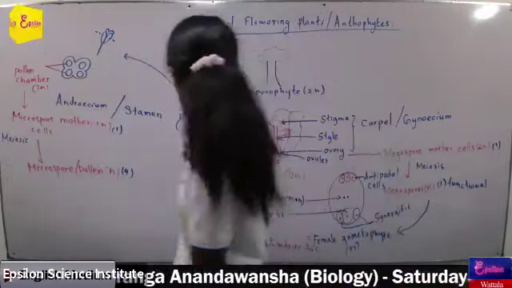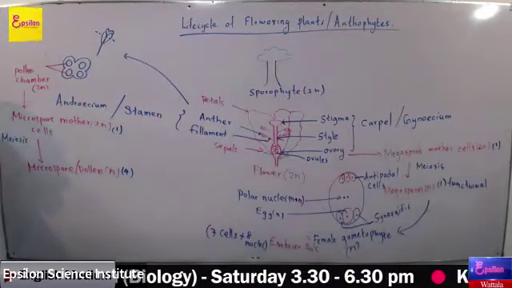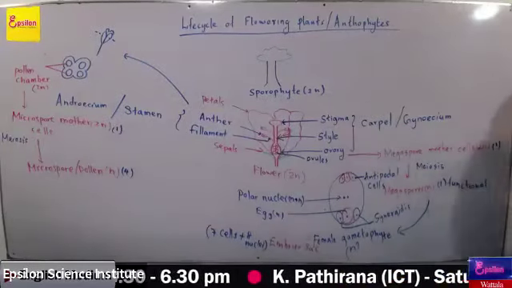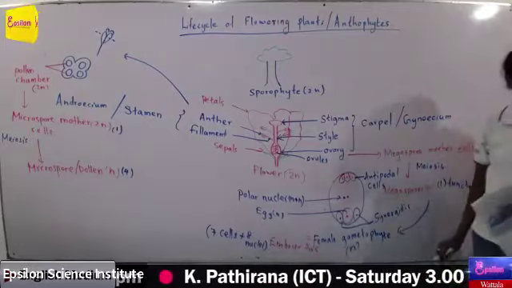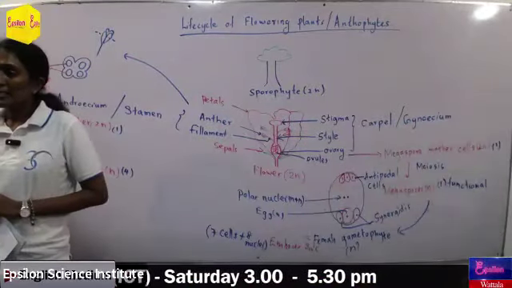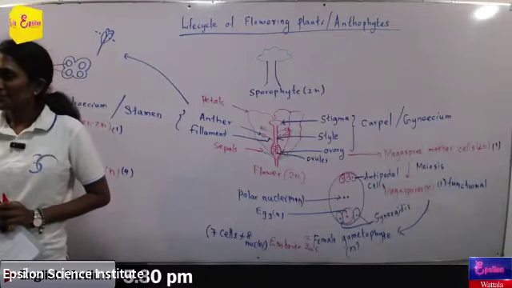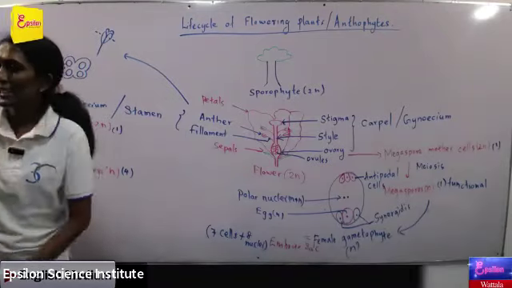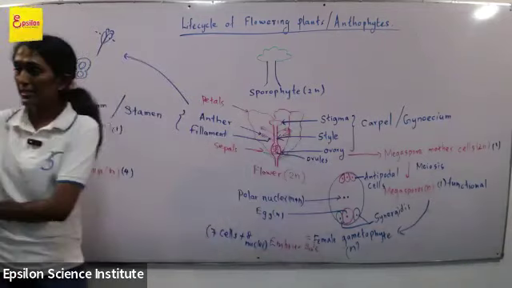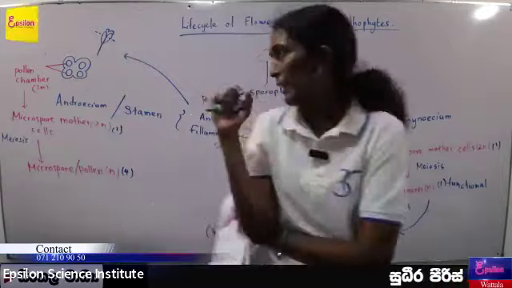Got it? Now the pollen is there. What is going to happen? Pollen is going and depositing on a mature stigma of a plant of the same species. Else, a plant of the same plant, or the same flower. That means this pollen can fall onto the same stigma of the same flower. I'll say one statement.